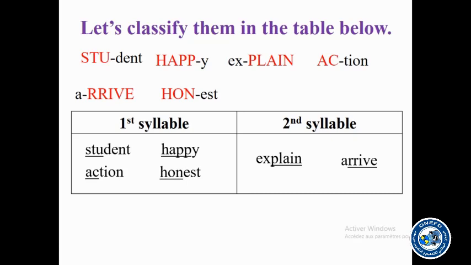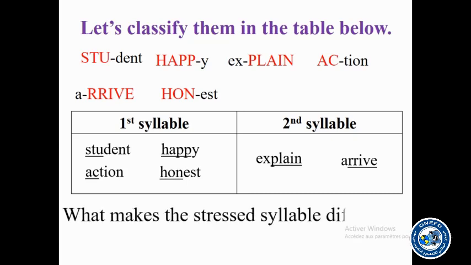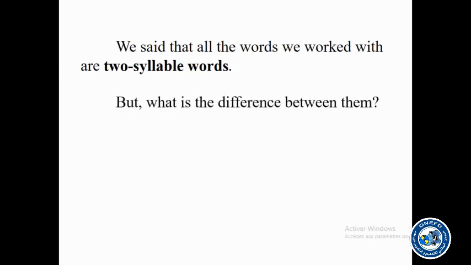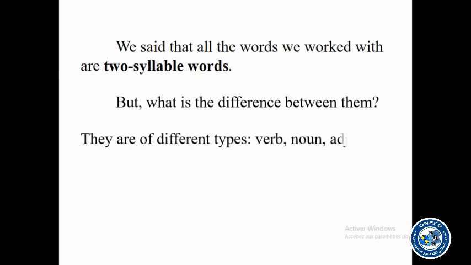Good. The question is, what makes the stressed syllable different? So all of them have two syllables, but they are different. And that difference is in the type of the word.